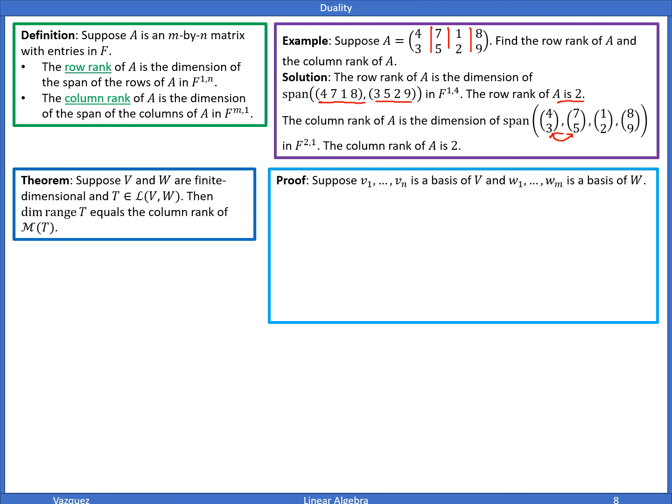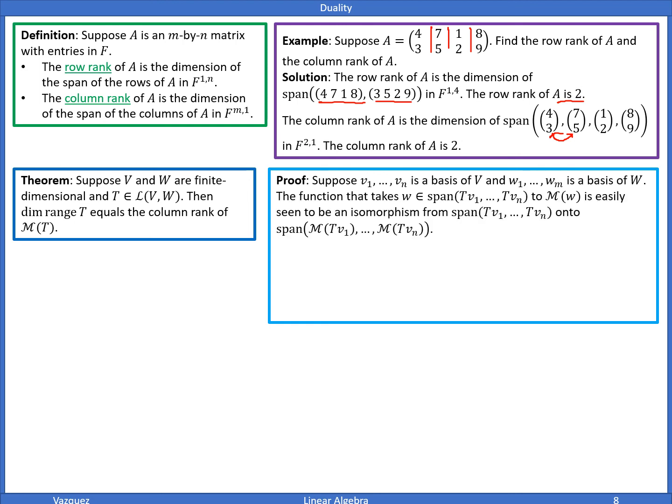So this proof, suppose V1 to Vn is a basis of V and W1 to Wn is a basis of W. Well, the function that takes the vector w, which is in the span of TV1 to TVn, to M(w), is just an isomorphism.